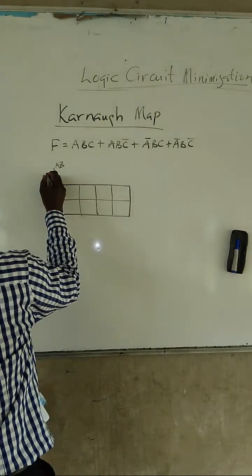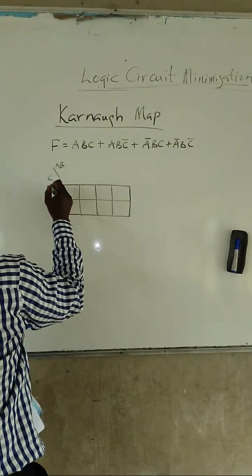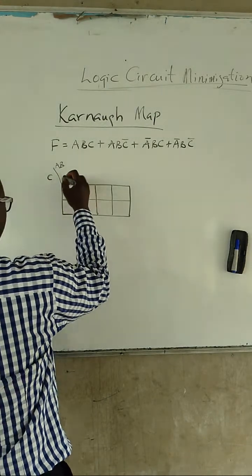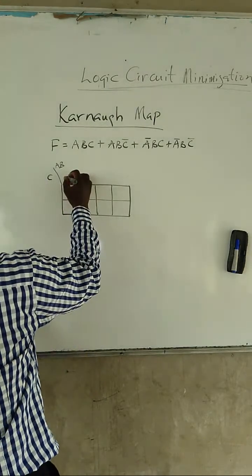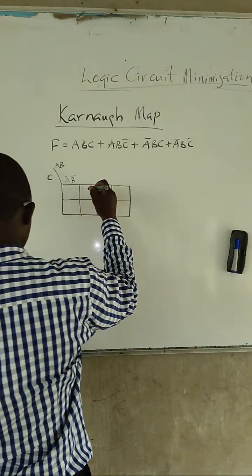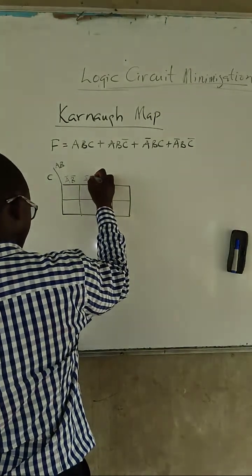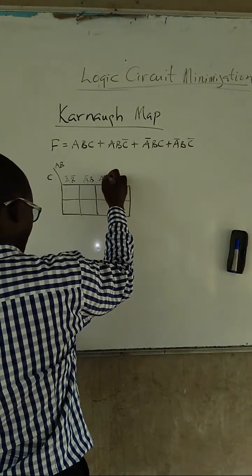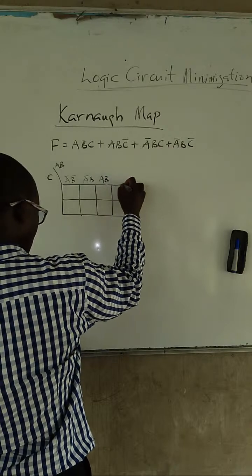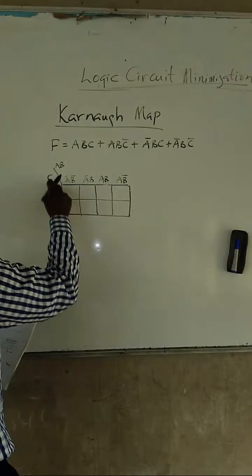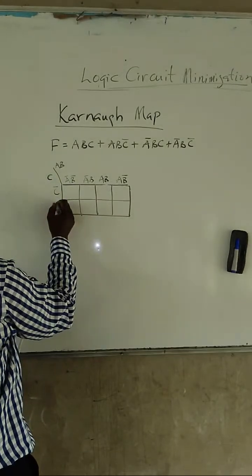Here is C. For AB, we're going to have, as I explained, A bar B bar, then A bar B, then the next one will be AB, and the last one will be A B bar. And here, for this side, we have C bar and then C.